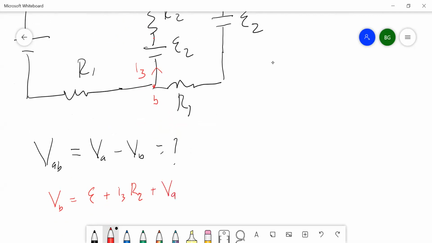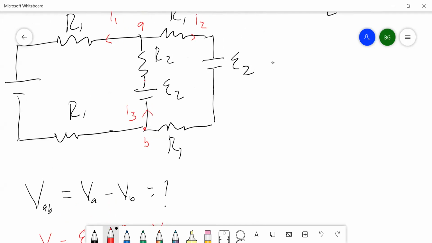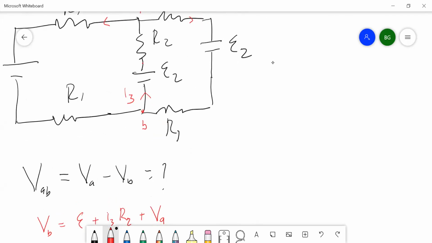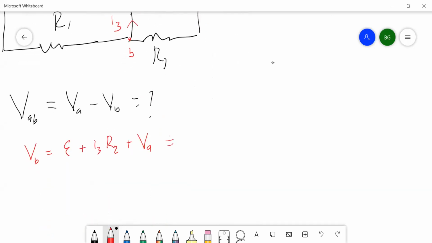So VB minus VA is epsilon plus I3 R2. It should equal minus VAB.